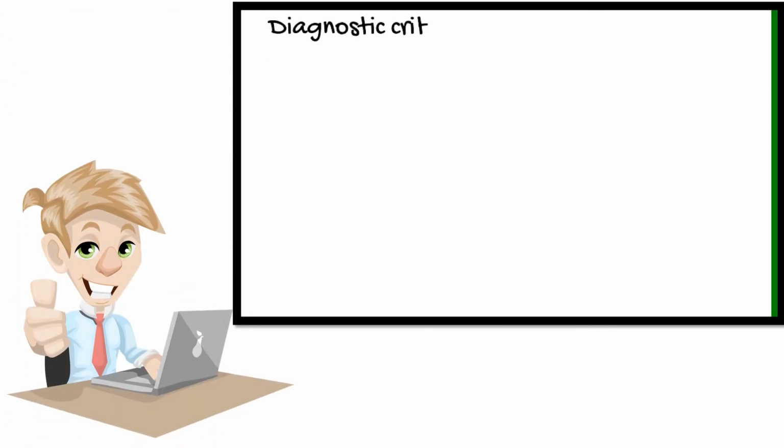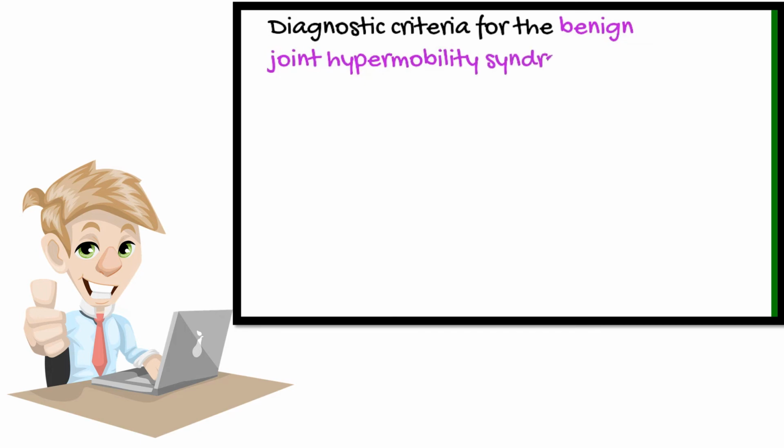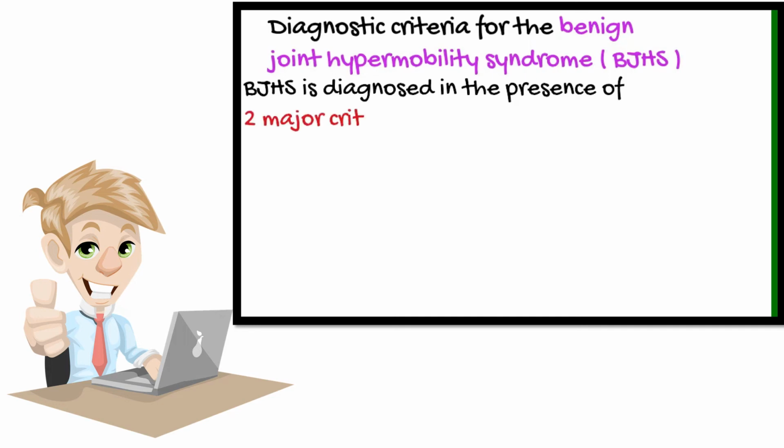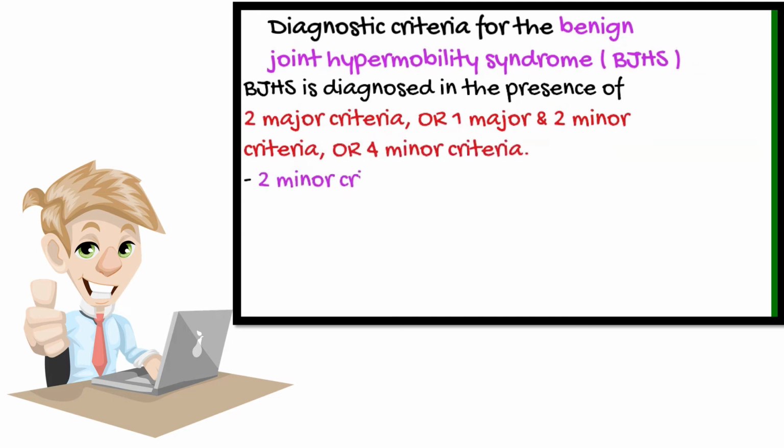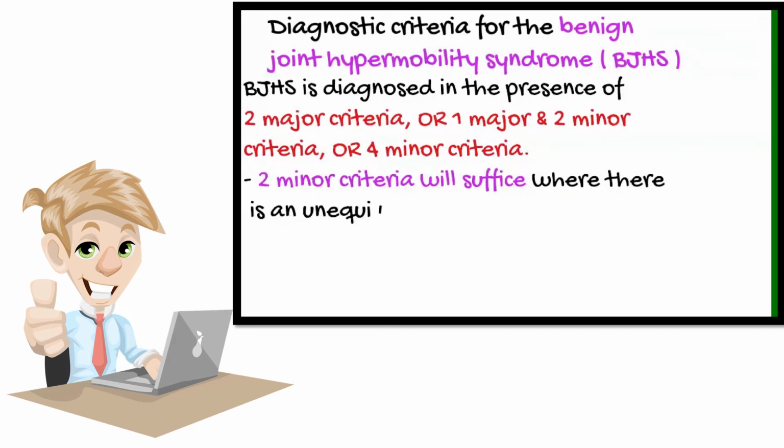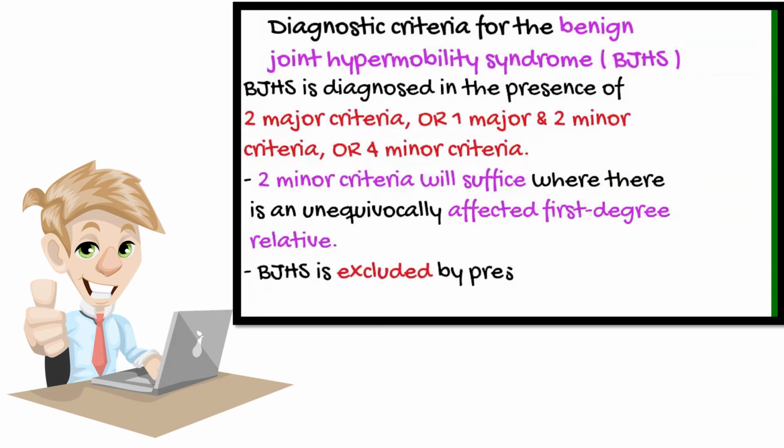The diagnostic criteria for the benign joint hypermobility syndrome, BJHS. BJHS is diagnosed in the presence of 2 major criteria or 1 major and 2 minor criteria or 4 minor criteria. 2 minor criteria will suffice where there is an unequivocally affected first-degree relative.